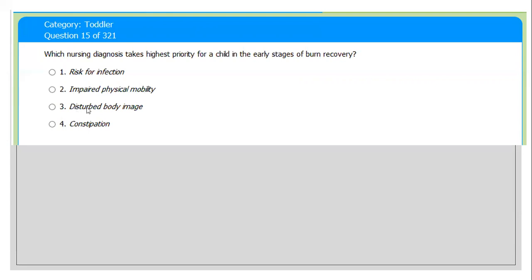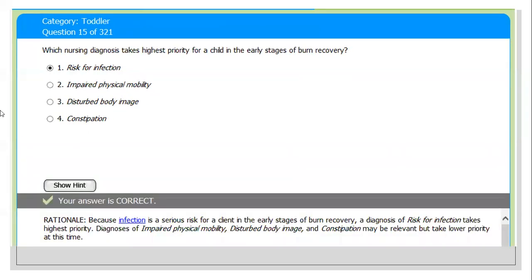Number three, disturbed body image. Number four, constipation. All are important, but which one is life-threatening? Which is the most priority to prevent first? Definitely risk for infection.